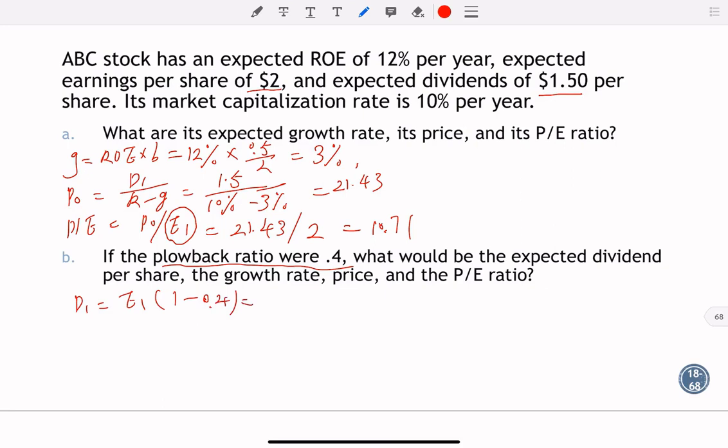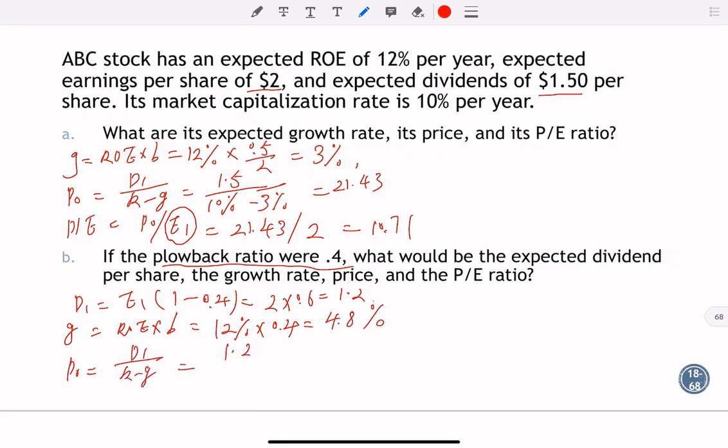So we have $2 of earnings times 0.6, it's 1.2. Now the growth rate is ROE times the plowback ratio. So ROE is 12% times 0.4, so it's 4.8%.